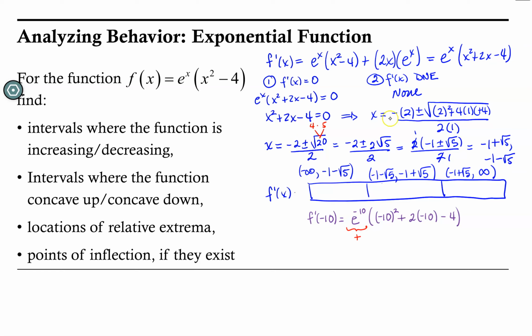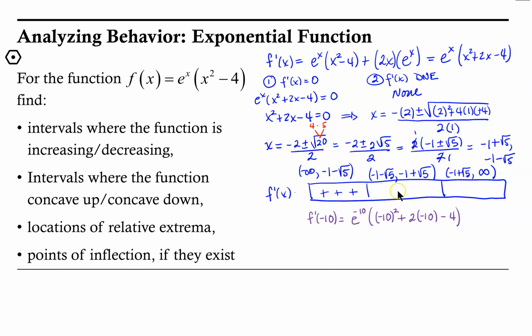Now, inside our parentheses here, we've got 100, which is positive, minus 20 minus 4. 100 is much larger than the negative 20 and the negative 4, so we know that this number will be positive as well. And a positive times a positive is positive. So we know the derivative is positive in that interval.